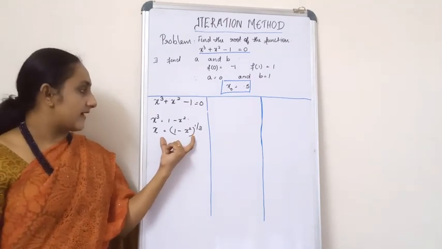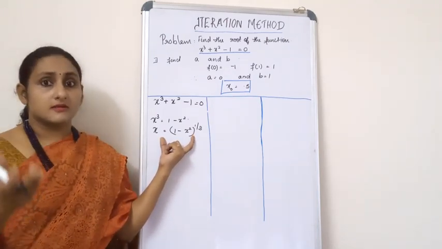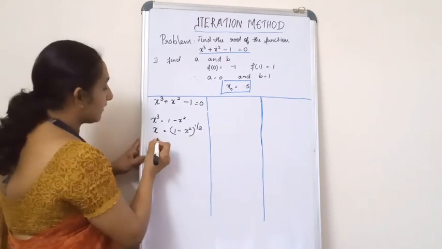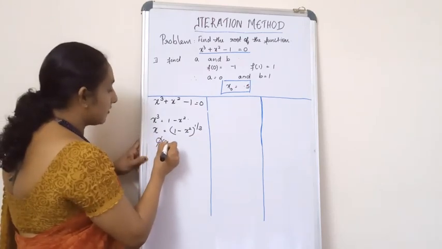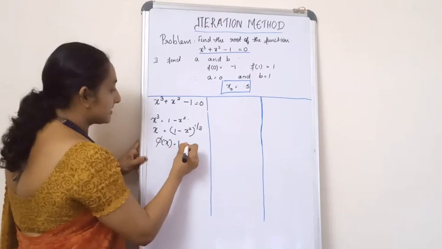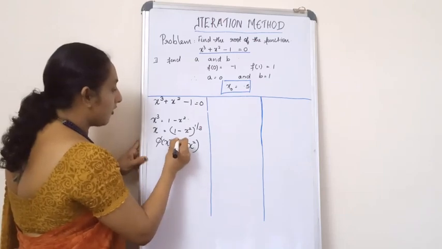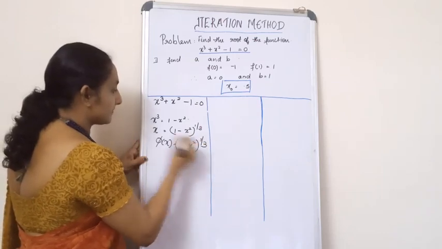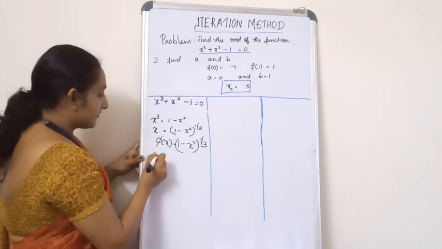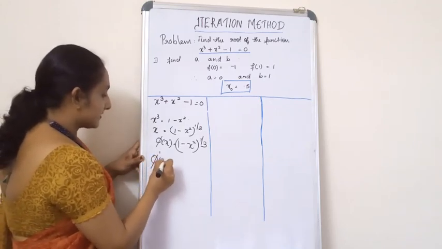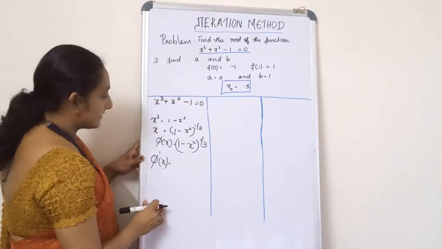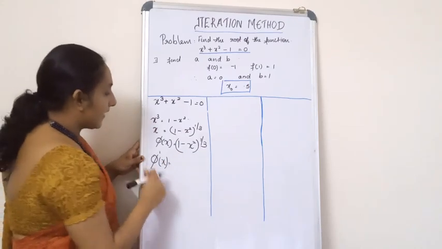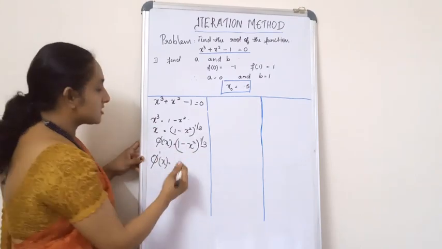Now you will have to find phi dash of x. Here your phi of x is nothing but 1 minus x square the whole raised to 1 by 3. Now you have to find phi dash of x, so you have to differentiate.